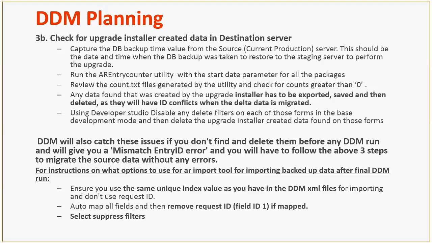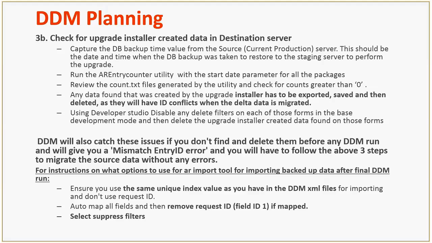If you don't proactively find additional data on the destination server, whether added by your test data or by the upgrade, and delete it, it's still fine. The only thing is you will have errors during DDM runs on these, which will be called mismatch and mismatch entry IDs.